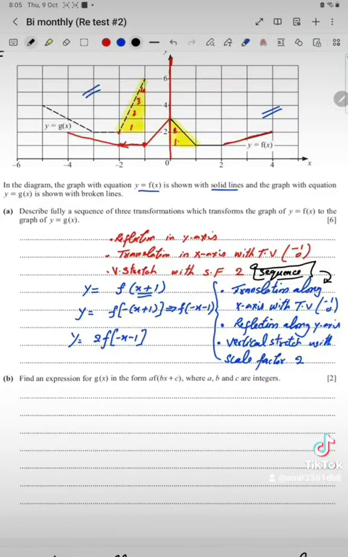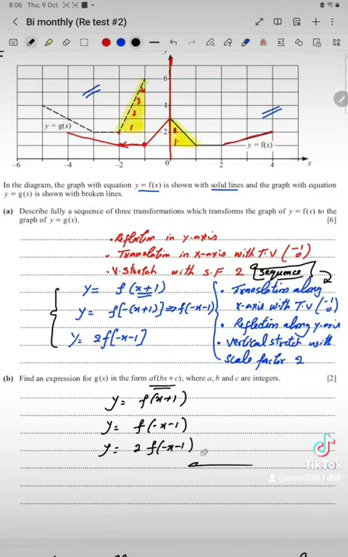Now the second case is about part B. Find an expression for g of x in the form of this. Already we have done this here. So y equal to f of x plus 1, we translate it, then we reflect it, f of minus x minus 1, and then we stretch it along the y-axis.